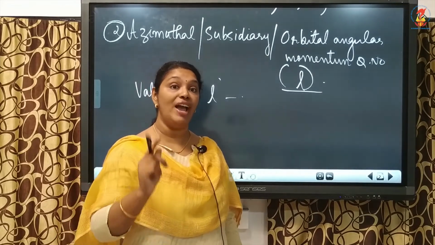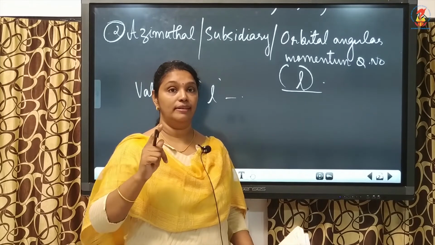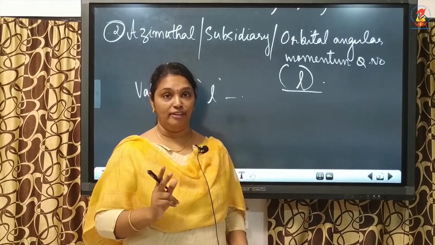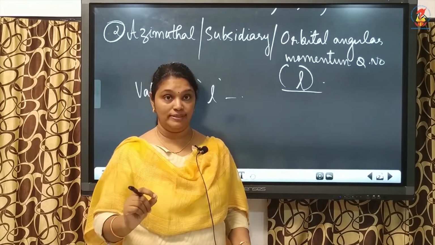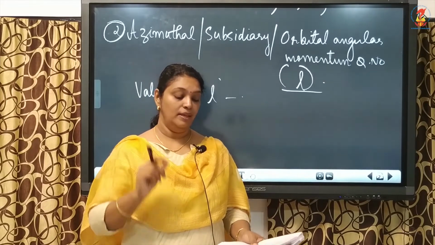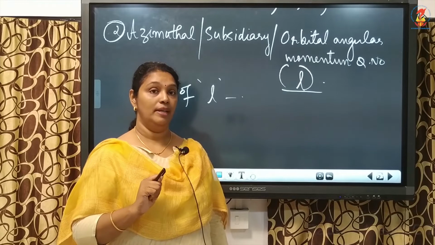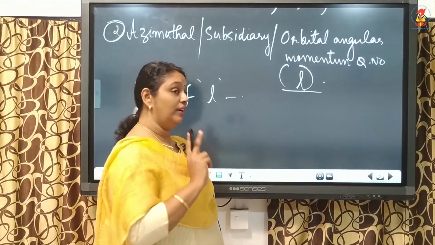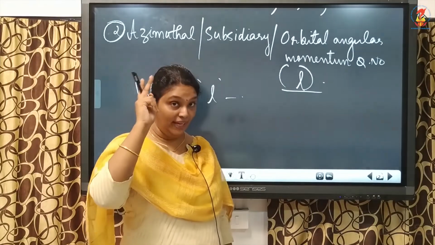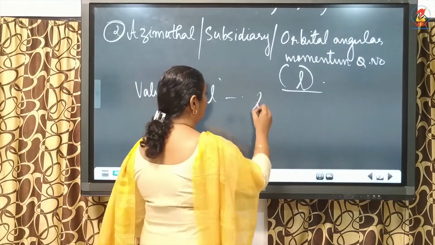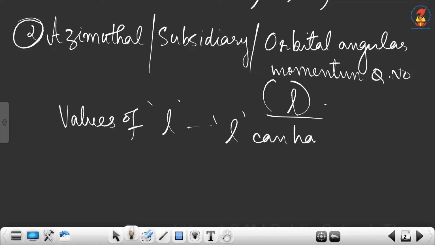For a given value of n, l can have n values ranging from 0 to n minus 1. I will repeat it again. For a given value of n, l can have n values.